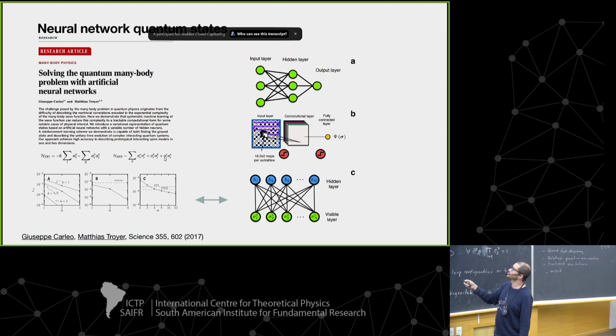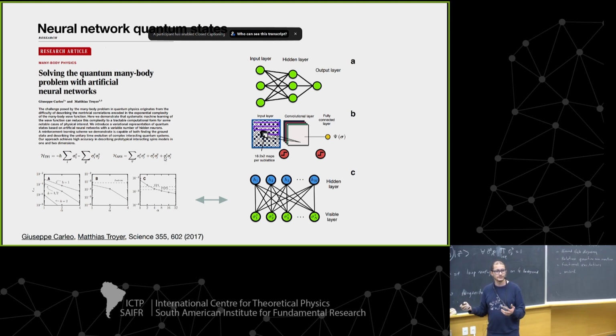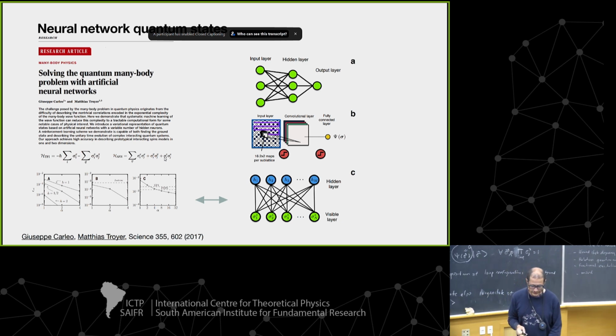So can we solve more problems, or problems that are a little bit harder, for which there's no solution, using artificial neural networks? And to do that, I'm going to introduce an idea called variational Monte Carlo. So let me go ahead with that.